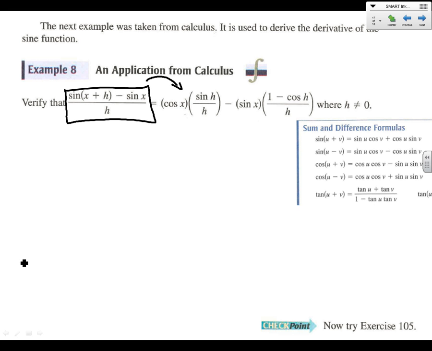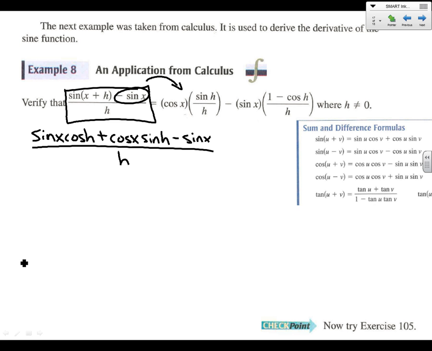All right, so we're going to split this up using our sum for sine formula. So we've got sine x cos h plus cos x sine h, and then still on top here we have this minus sine x, and this is all over h.